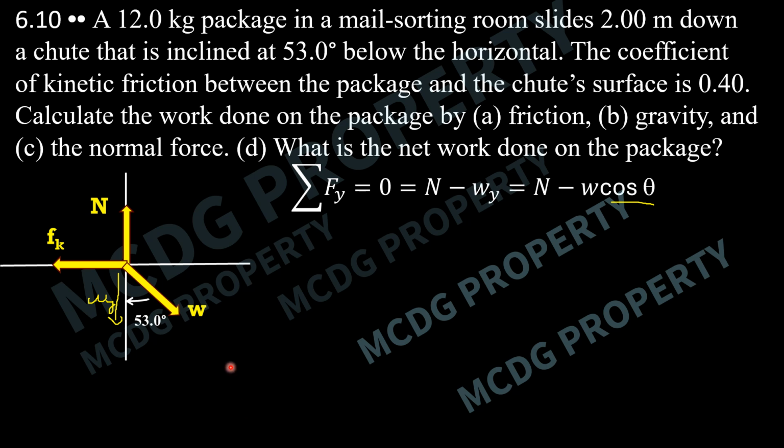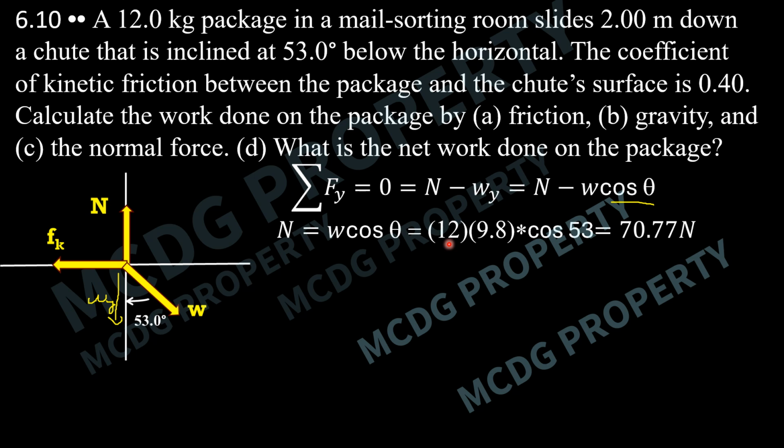Now, substituting the values, we can solve for the normal force. The normal force is equal to the y component of the weight, and that is 12, the mass of the package, times g, the acceleration due to gravity, times cosine 53 degrees. And the normal force is equal to 70.77 newtons.